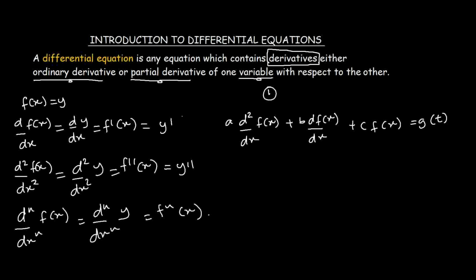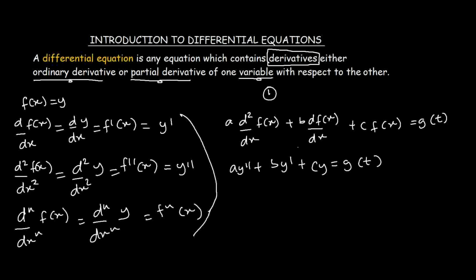So from the knowledge we have here, we can write this differential equation in a different form. Let's look at how you are going to do that. We can write this as a y prime prime plus b y prime plus c y equals g of t. This is also a different form of this differential equation.